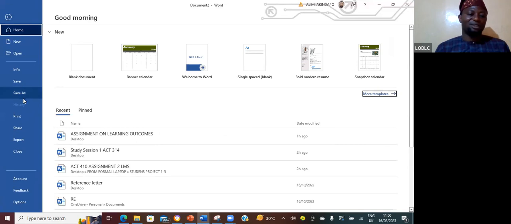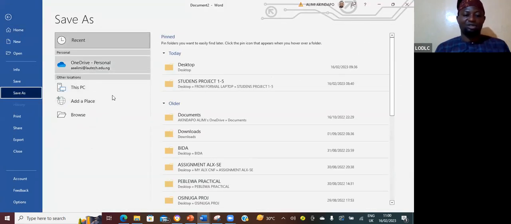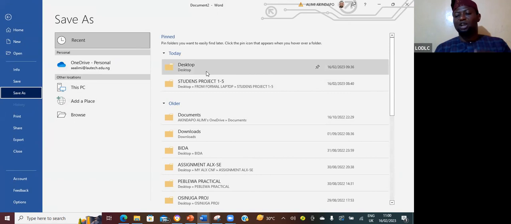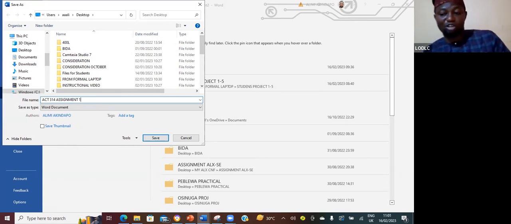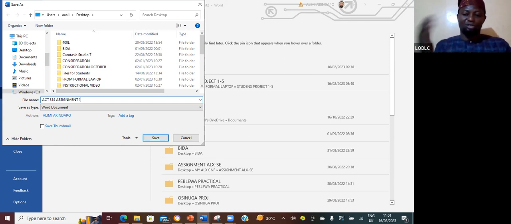You click on File, then Save As if you want to save your file. You must ensure that you save your file to a location where you can easily access it. Let me save it to my desktop. I will just say ACT 314 assignment 1. Use a particular file name that you can easily recognize, because you may have ACT 314 assignments and, if it is not assignment 1, you might have conflicting results here.